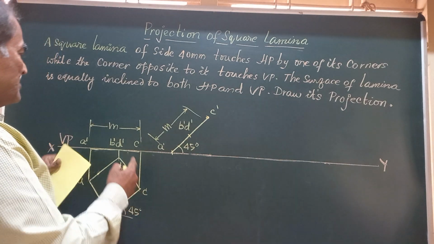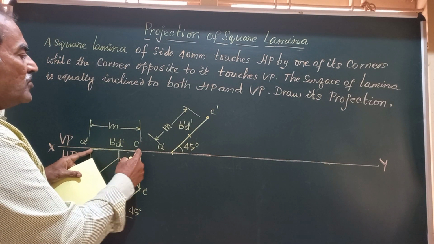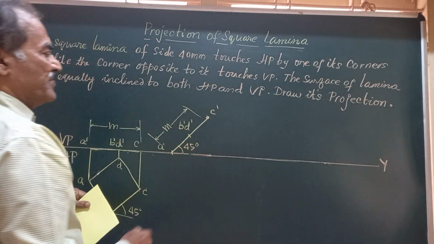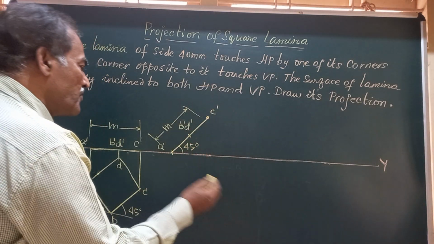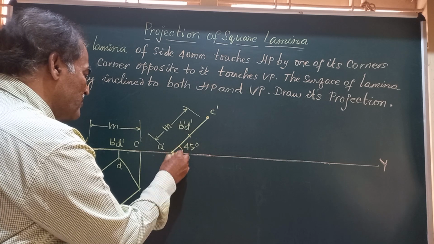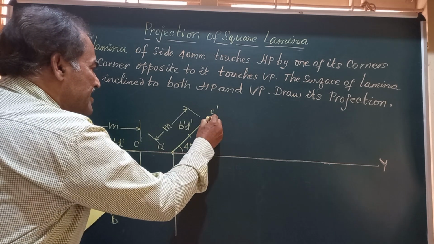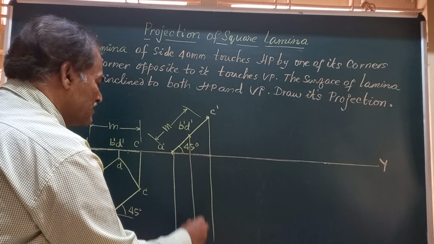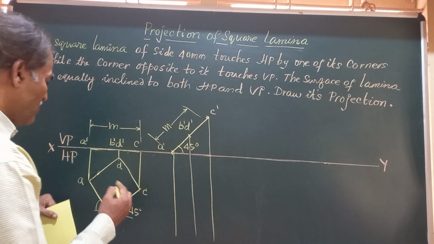Friends, the figure I had here, figure number 1, is redrawn here as the surface inclined at 45 degrees to HP. We obtain the corresponding top view. So I just write down these lines from there. Friends, let's get the points one by one.